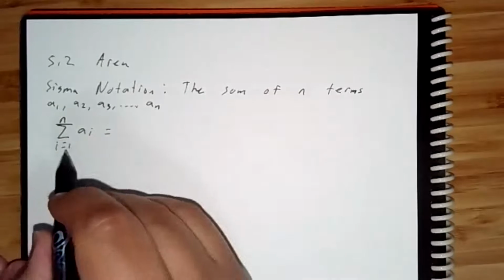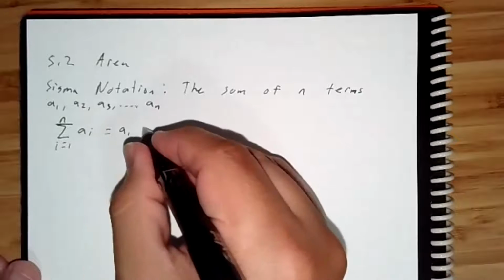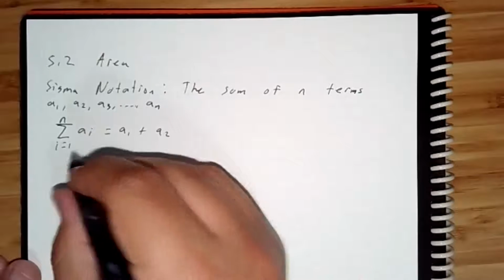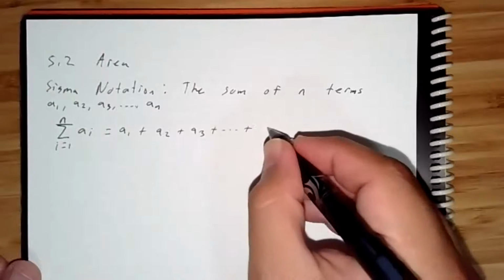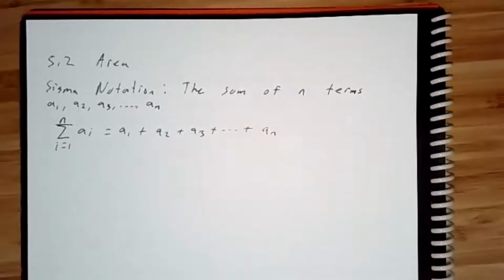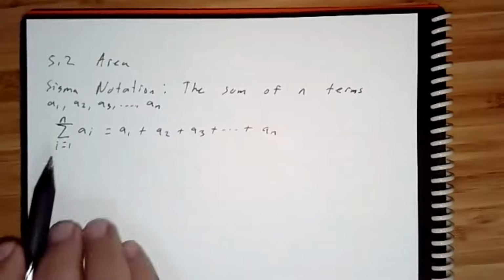You start at 1, then add the next one, which is 2, all the way until n, which is some number.